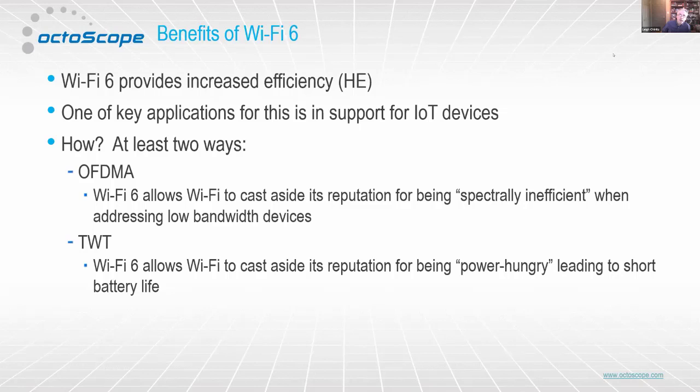One is OFDMA, and at a high level, what OFDMA did was to allow Wi-Fi to be a lot more spectrally efficient when it is being used by low bandwidth devices. And then there's TWT, really the focus of the tutorial today. What that does is it allows Wi-Fi devices to be a lot more efficient with their battery usage, and to allow those devices to last much longer. We'll talk about how as we go along.